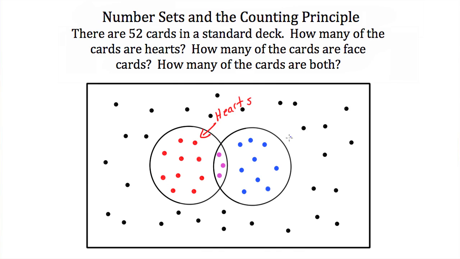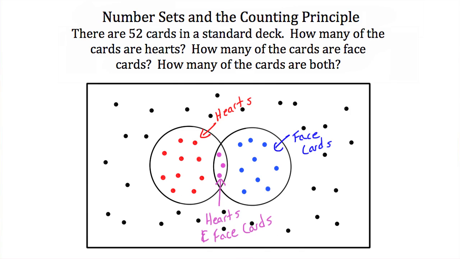The blue dots represent the amount of face cards that are in the standard deck. These purple dots represent the cards that are both hearts and face cards. And then all these black dots are just cards that are neither a heart or a face card.